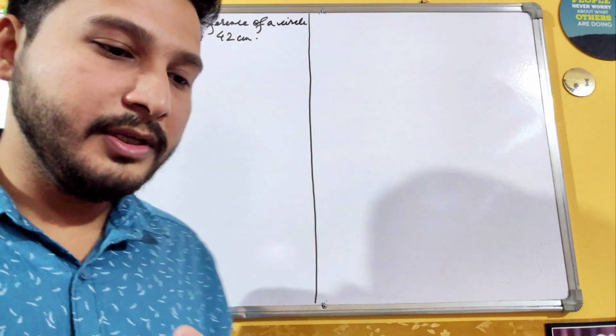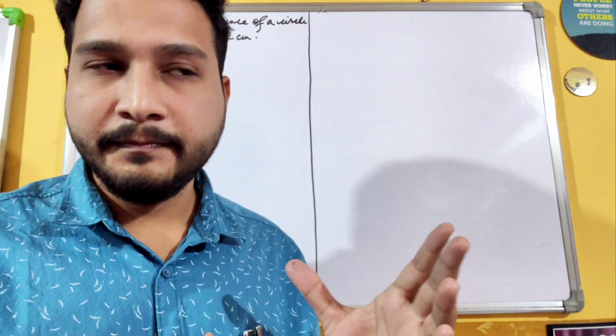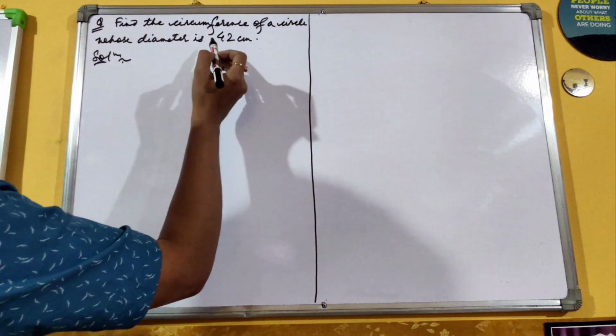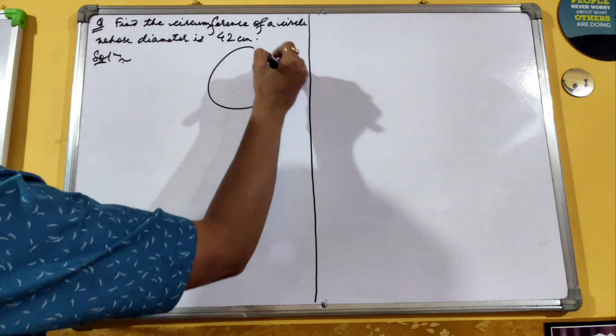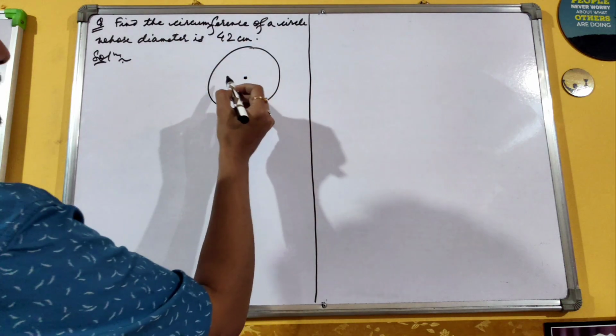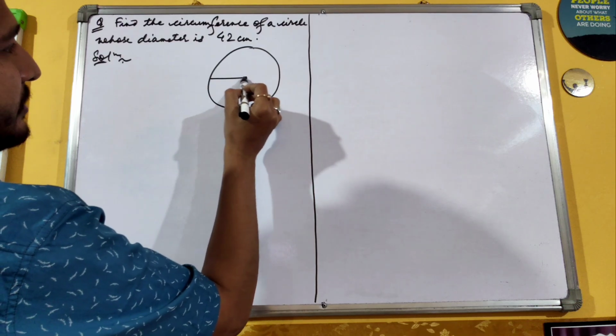Before solving sums from mensuration, try to analyze the problem and then draw a rough diagram for it. Just draw a circle, center, given diameter. You know diameter is the chord which passes through the center.